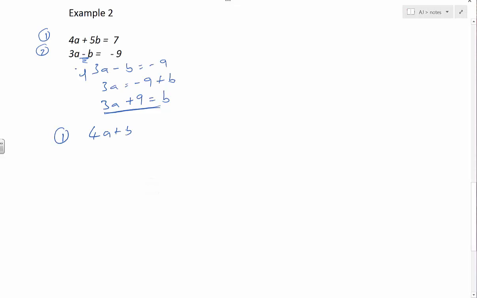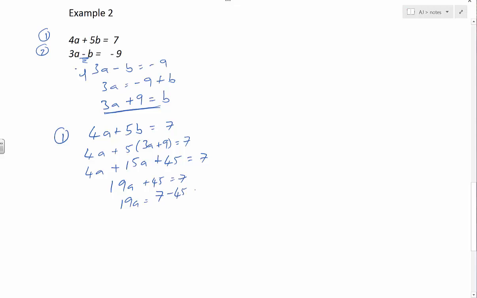4a plus 5b is 7, but b was the same as 3a plus 9. So expanding the bracket, we have 4a plus 15a plus 45 equals 7. So 19a plus 45 equals 7. So 19a equals 7 minus 45, which is negative 38.